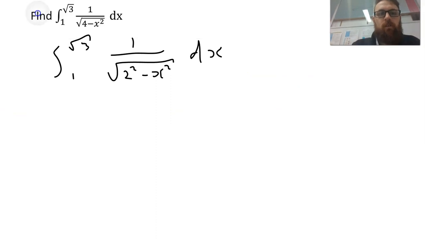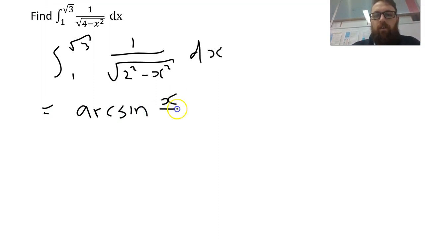So this equals arc sine of x over 2, our a is 2, from square root of 3 to 1. Oh, that's a 3.